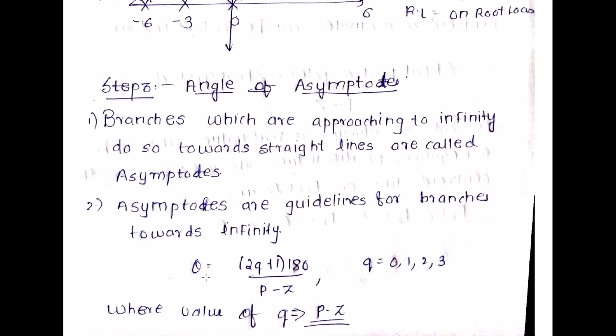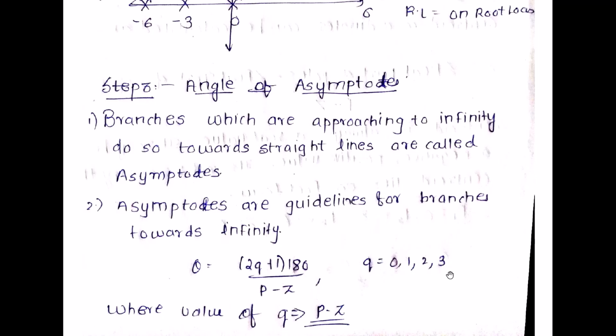The theta is given as (2q plus 1) into 180 degrees upon p minus z, wherein q will range up to p minus z. Now my p is 3, my z is 0, and hence p minus z is 3 minus 0, that is 3. Hence I will put my value of q as 0, 1, 2.